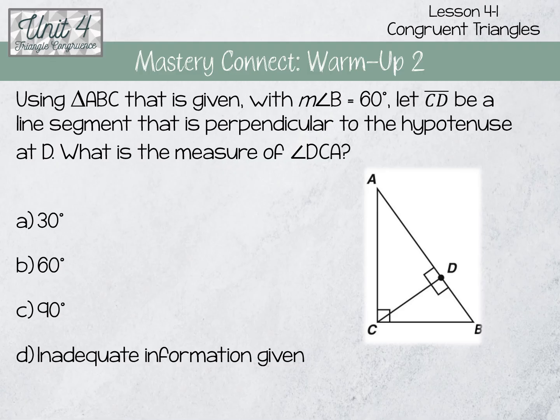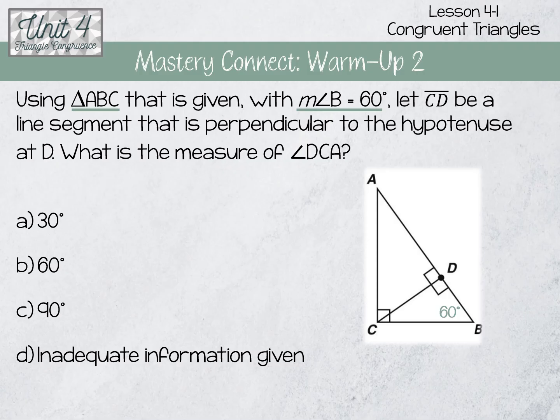Mastery Connect warm-up 2, using triangle ABC. A right triangle there. That's given. Measure of angle B is 60 degrees. Let's mark that. Let segment CD be a line segment that's perpendicular to the hypotenuse. And it's marked that it's perpendicular.